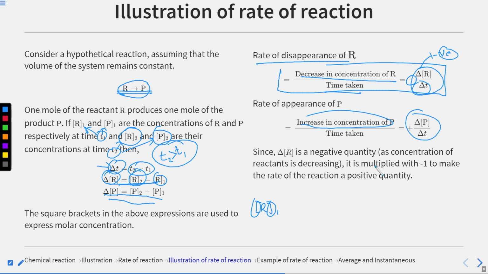Therefore, final minus initial would give you a positive value. Therefore, the rate of appearance of P will be positive. So this is the rate of appearance of P. So we have to consider a negative sign along with the rate of disappearance of R, so that the rate of reaction can always be positive.